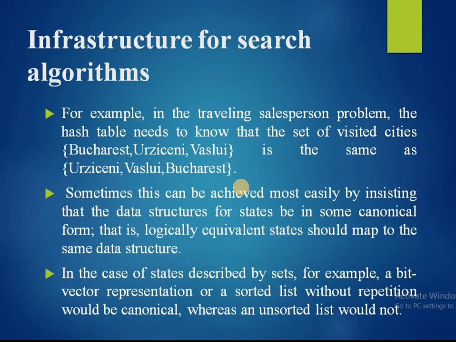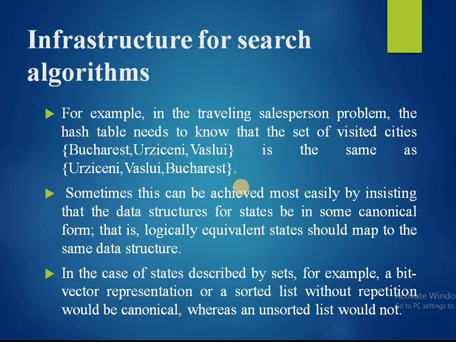For example, in the traveling salesperson problem, the hash table needs to know that the set of visited cities Bucharest, Arzeșani, Vaslui is the same as Arzeșani, Vaslui, Bucharest.